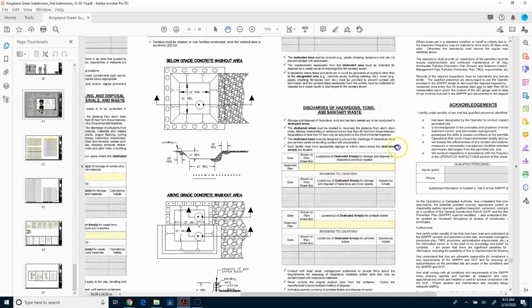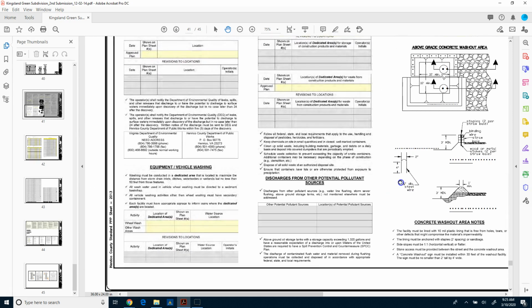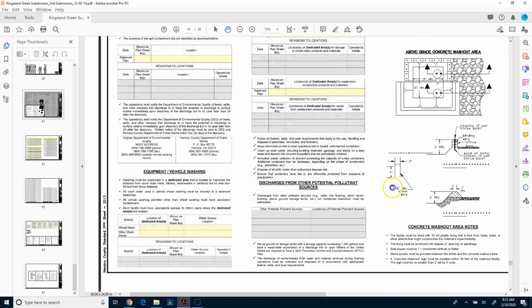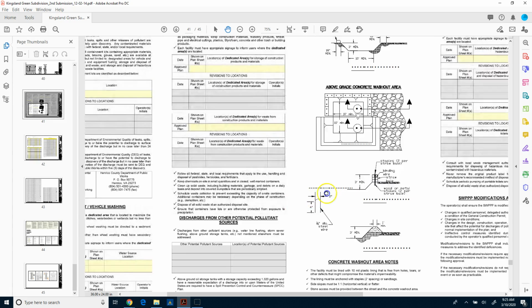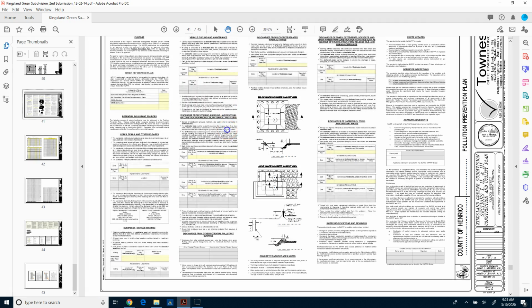So basically really telling the contractor how to maintain and keep equipment from contaminating the surrounding, whether it's soils or waterways or even neighboring properties, right?